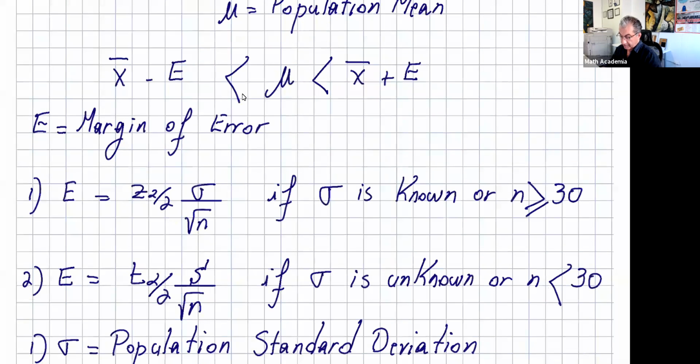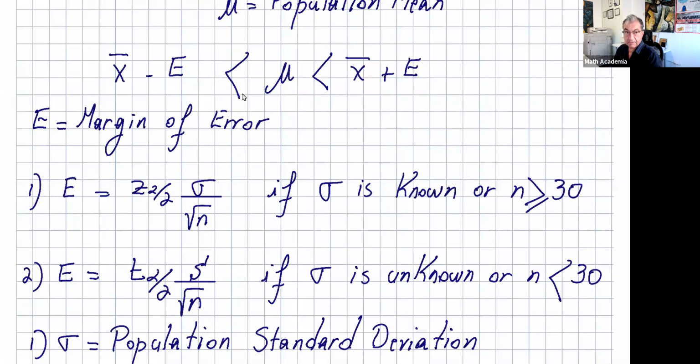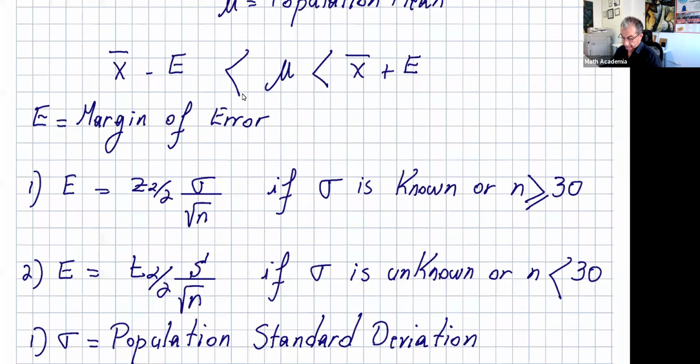Now here we have to be very careful because to find the margin of error, we don't have only one formula. We have a couple of them. So the first one says E equals z sub alpha over 2 times sigma over square root of n, if sigma is known, or you can say n is greater than or equal to 30.